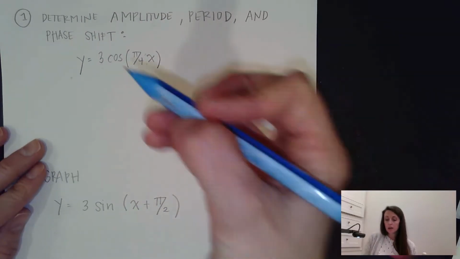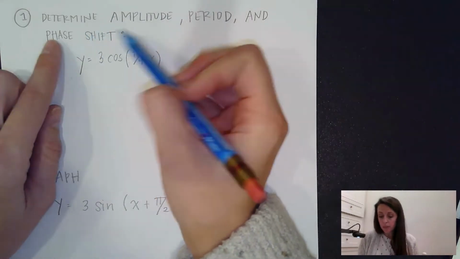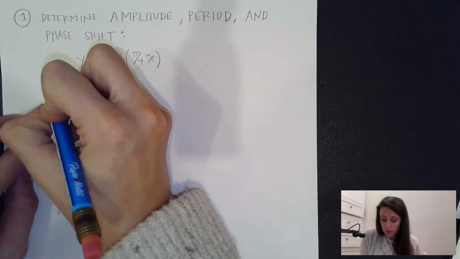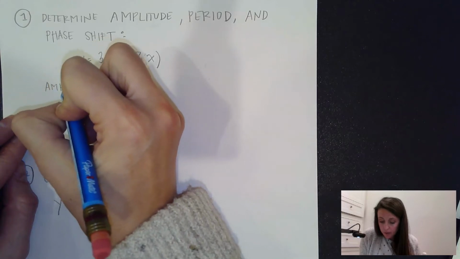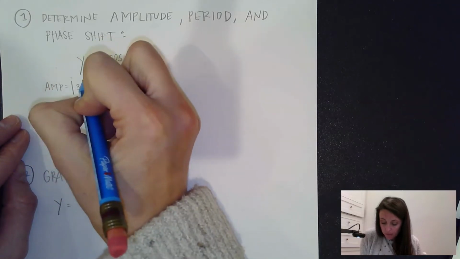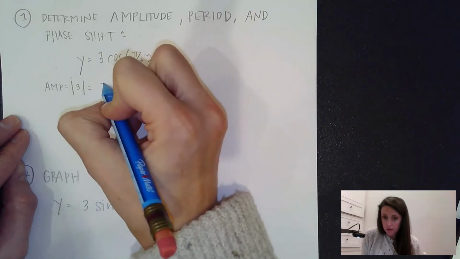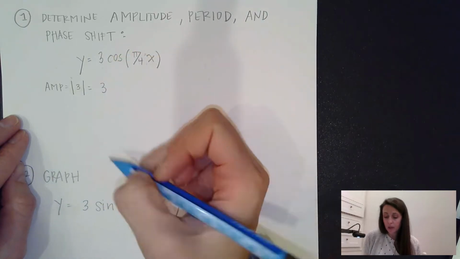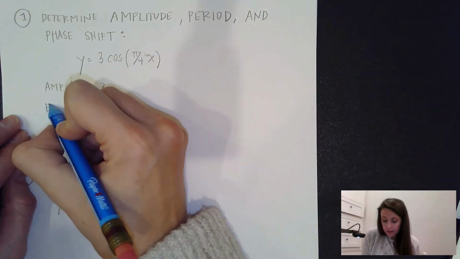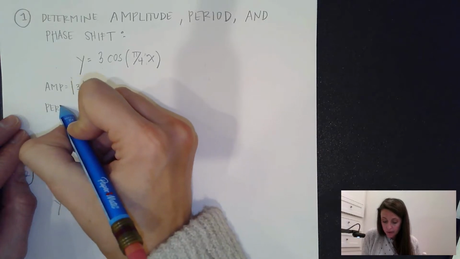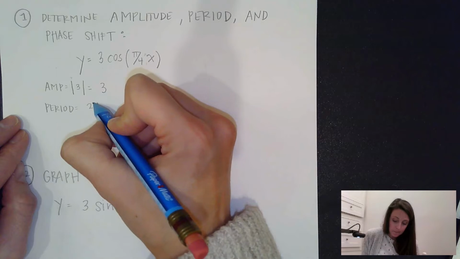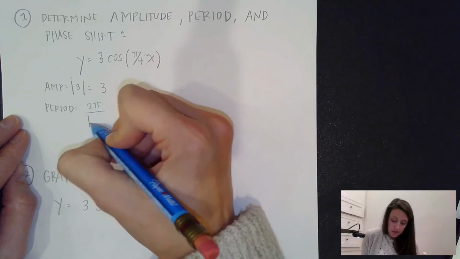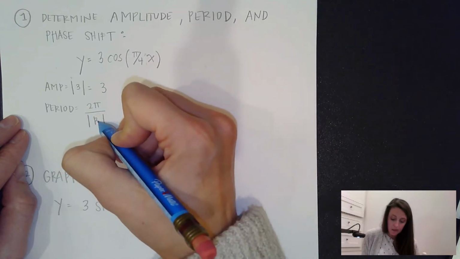Okay, all right. So this one says determine the amplitude. The amplitude for this one is going to be the absolute value of 3, so the amplitude is going to be 3. The period, it's a cosine graph, so it's always going to be 2 pi, but we're going to divide it by the absolute value of b, right?